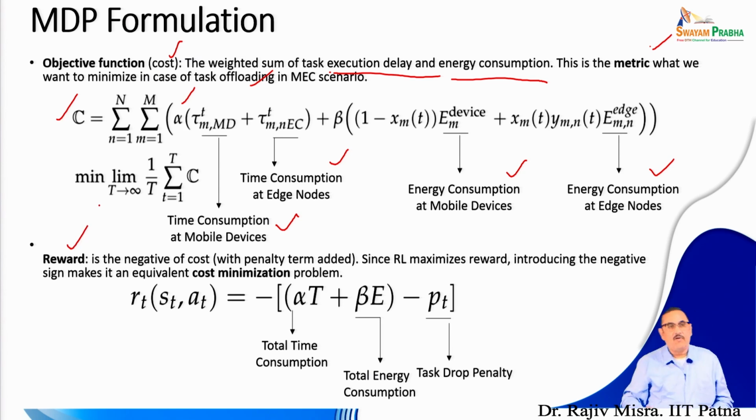Now, let us see about the reward function. So, reward is the negative of the cost, that is, a penalty term is added here. The reinforcement learning maximizes the reward, so introducing the negative sign makes it equivalent to a cost minimization problem.